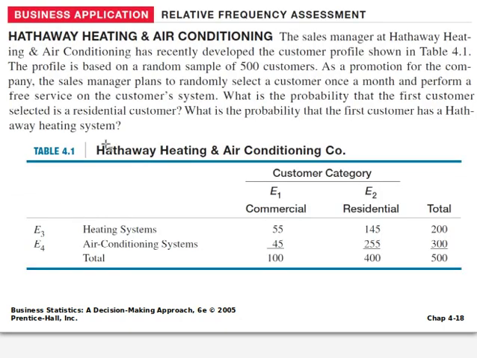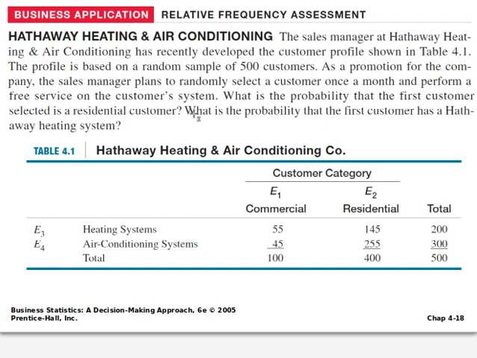Now let's illustrate this using a certain scenario with Hathaway Heating and Air Conditioning. It's a company. The sales manager at Hathaway Heating and Air Conditioning has recently developed the customer profile shown in Table 4.1. The profile is based on a random sample of 500 customers.